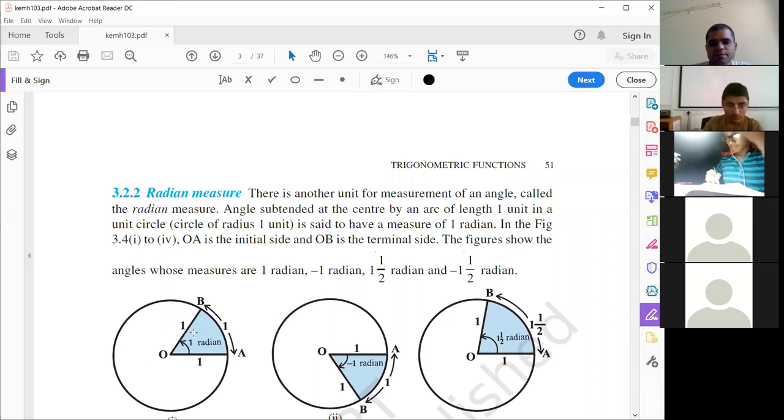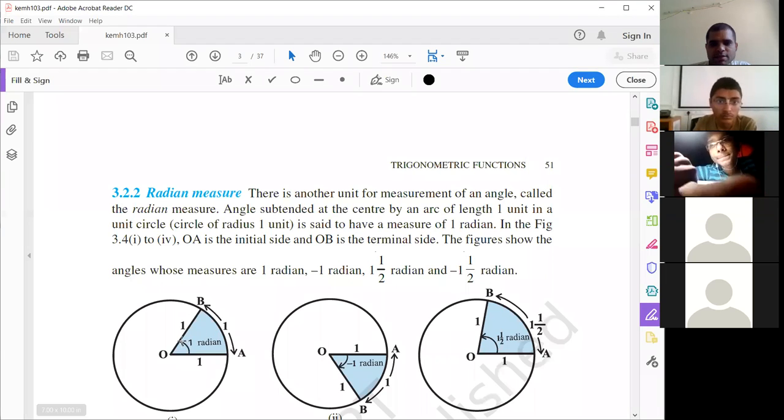So we are saying that this is a unit circle whose radius is 1 unit, and if we take an arc along the circumference of the circle of length 1 unit, then the angle which it subtends at the center is called 1 radian.